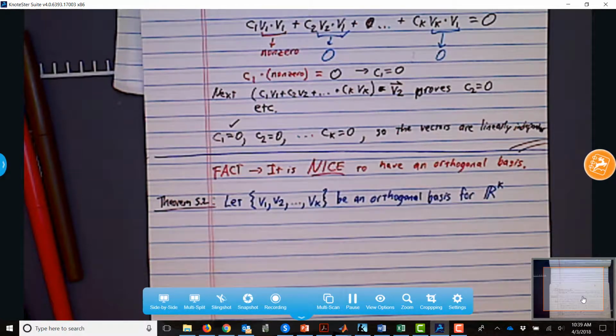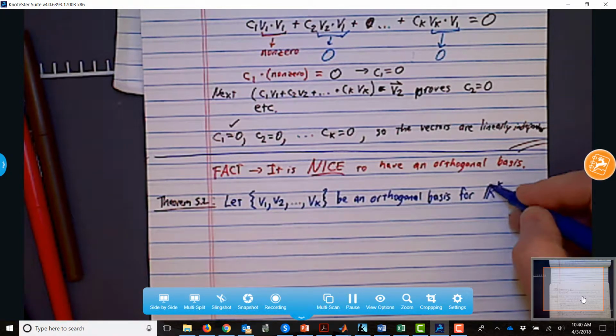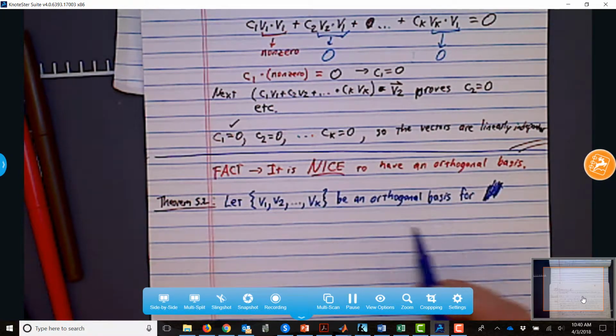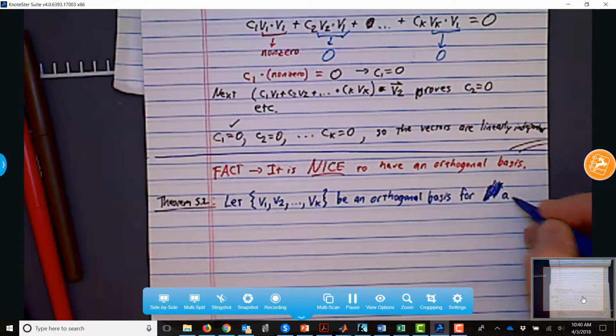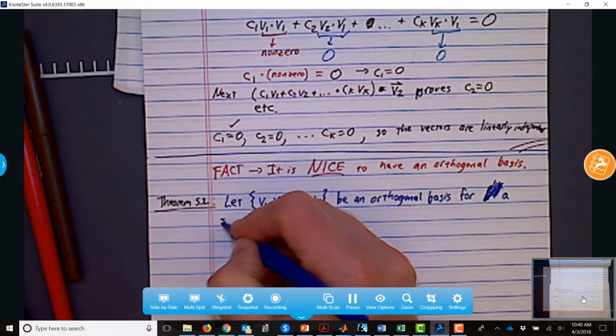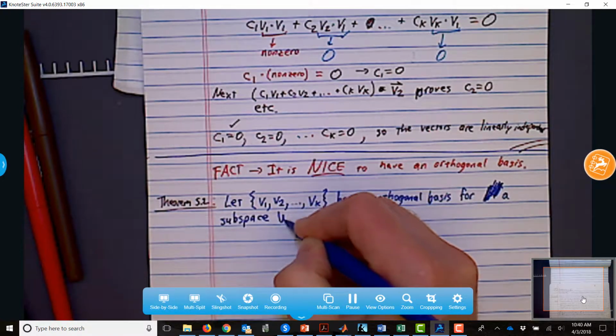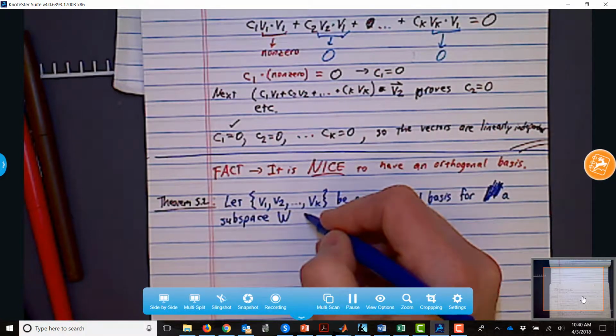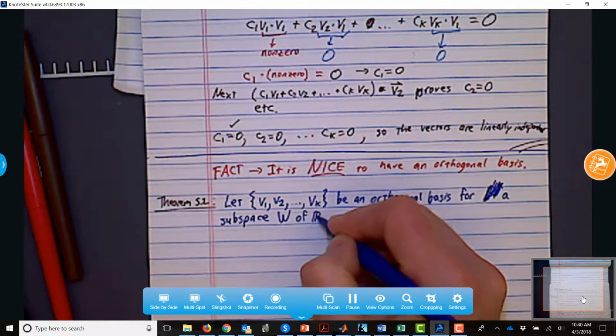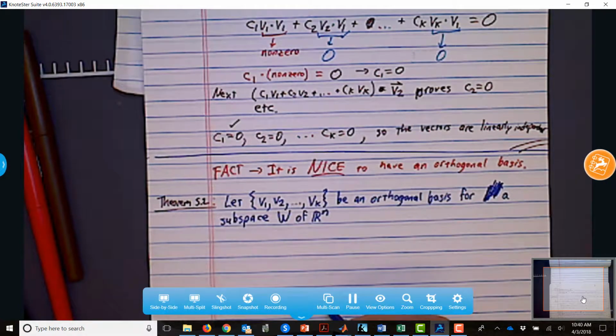So suppose you have this orthogonal basis. Actually, let's do better. Let it be an orthogonal basis for a subspace W of Rn. Okay? So we're working in Rn.